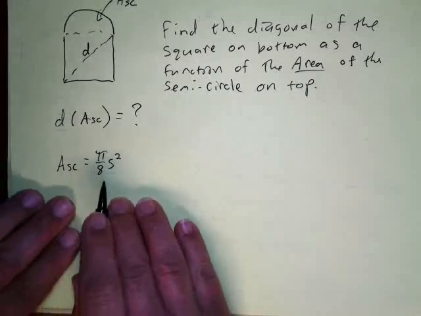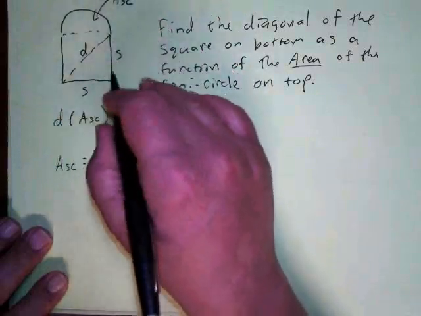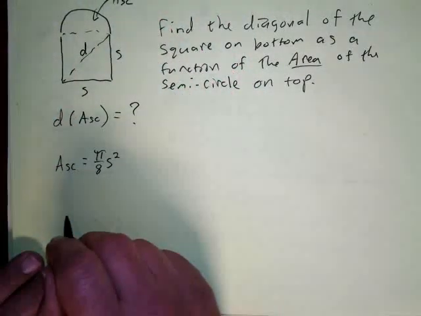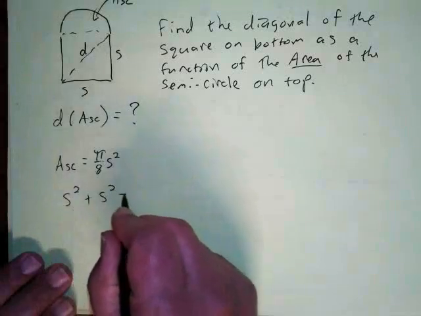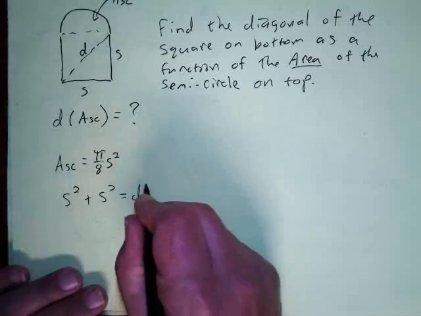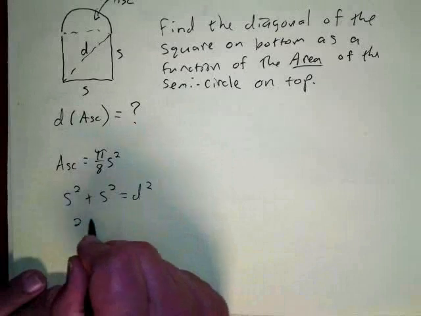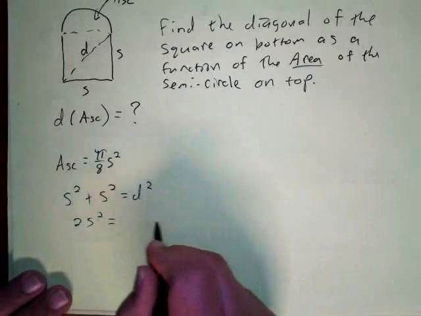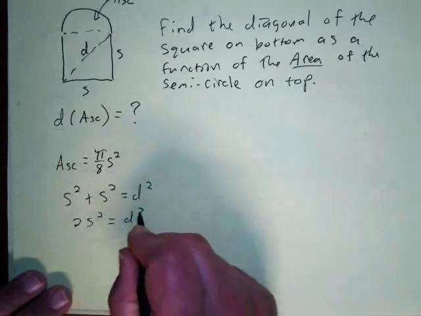And the reason I'm going to do this is that the diameter is related to s, right? And the way it's related is the Pythagorean theorem. So basically s squared plus s squared is equal to the diameter squared, right? And so this would actually be 2s squared is equal to the diameter squared.